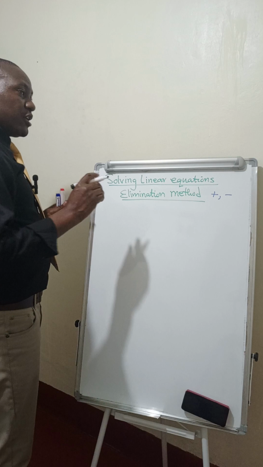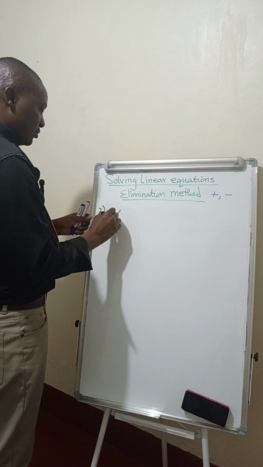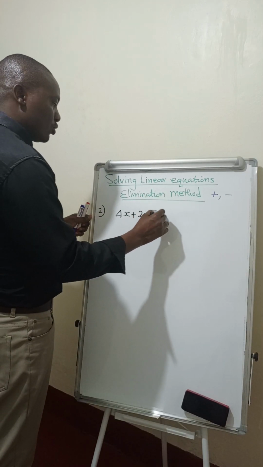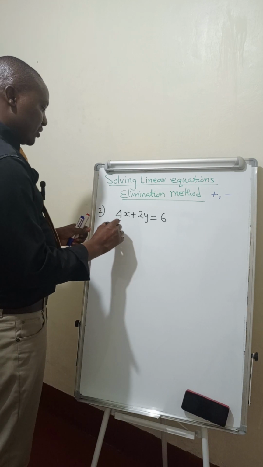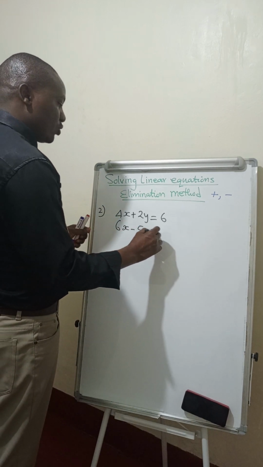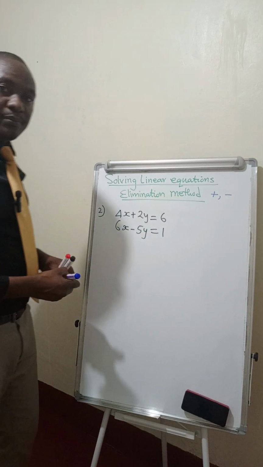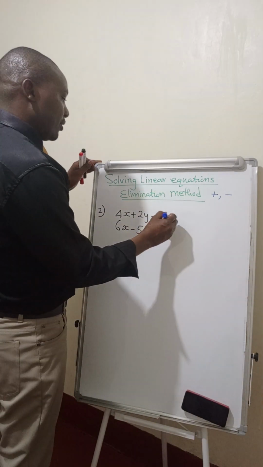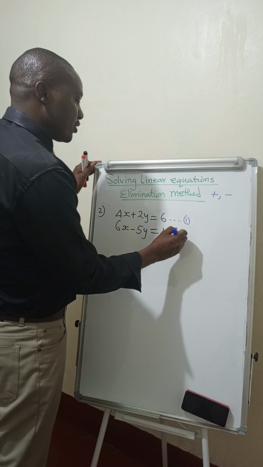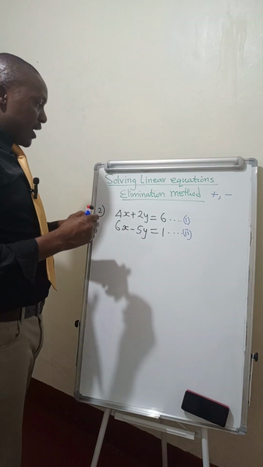If you are given 4x plus 2y is equal to 6, and 6x minus 5y is equal to 1. These equations, we can name them. This is equation 1. Remember, we use the Roman. This one, equation 2. Good.